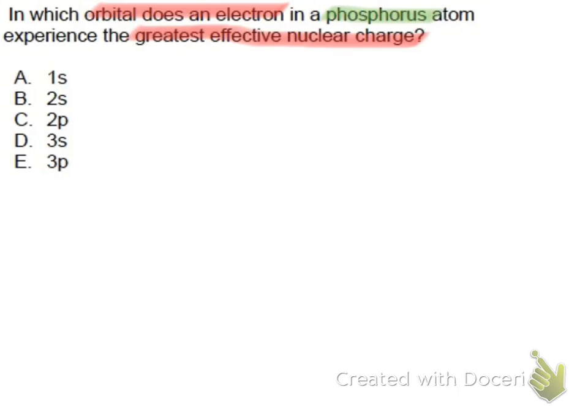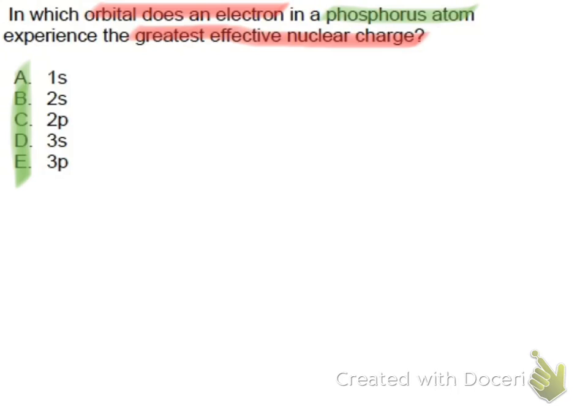We're given a phosphorus atom, and then we're also given some answer choices to choose from. When we think about effective nuclear charge, what I would think about is, in what orbital is the electron most likely to see the nucleus, or where it most effectively sees that nucleus?